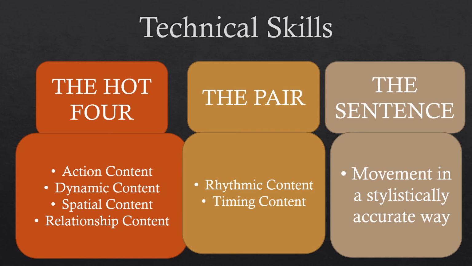And then we have the only skill that is a sentence. So that is the movement in a stylistically accurate way, today's one. So we have hot 4, the pair, the sentence. And when you say these, then you can give yourself a little clue to what they are. It's going to kind of trigger or get the skills out of you. So that is my way of remembering them. And like I said, the Year 9s quite liked it. If you can think of another way, go for it. If that one works better for you, great.